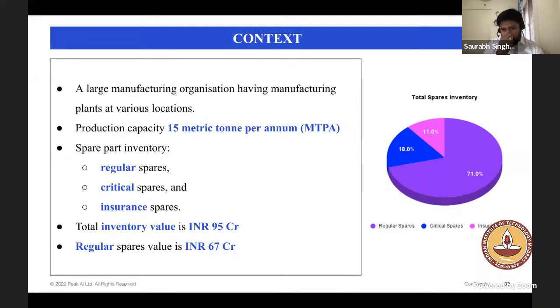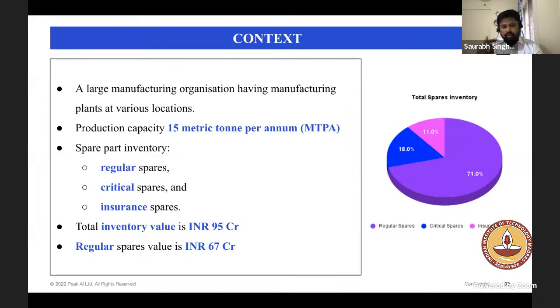Now, giving the context of this particular study, this is a manufacturing organization which has its manufacturing plants at various locations. I may not name the kind of product or goods the organization was manufacturing, but the capacity is somewhere around 15 metric tons per annum, which is very huge.